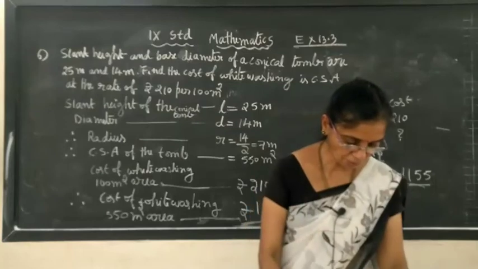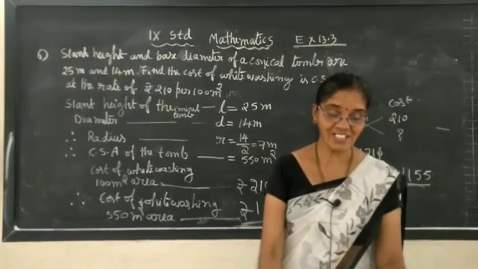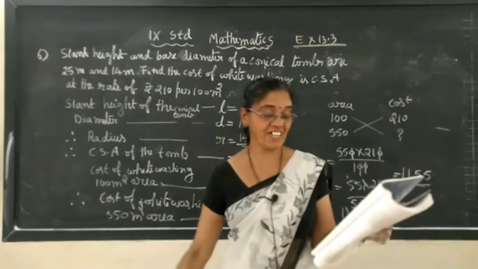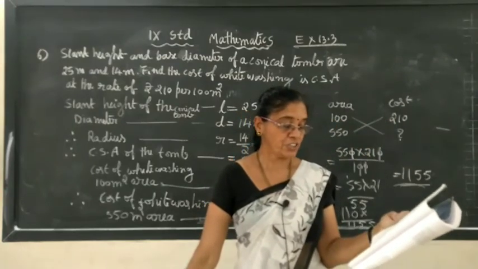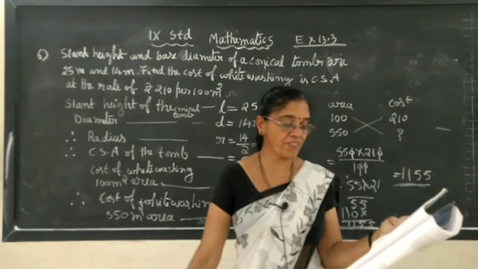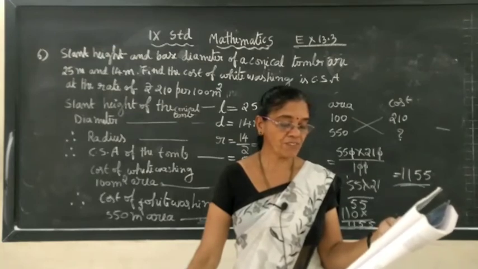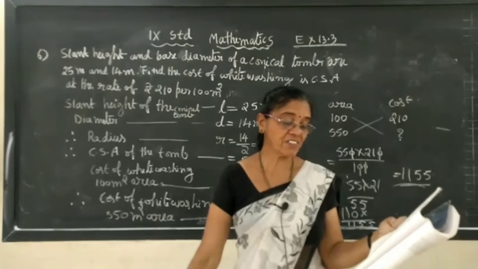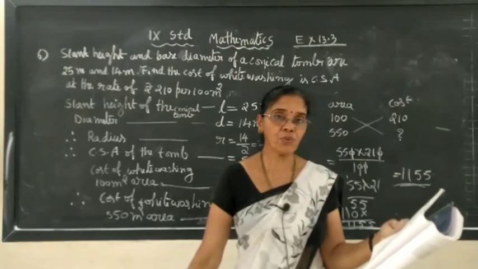Now there are a few more problems. Those who are interested, you are staying at home, so it is for your extra activity. Try this. A joker's cap is in the form of a right circular cone of base radius 7 centimeter and height 24.